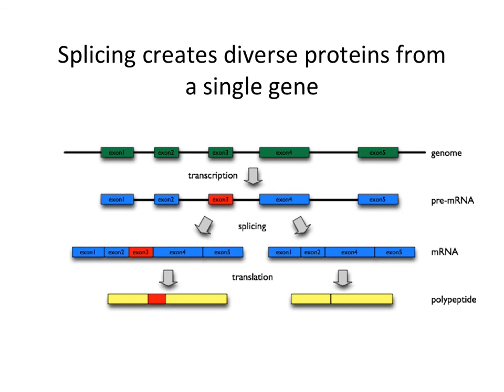Here's why splicing is so doggone important. Our genes have more than one intron, which means that there is more than one way to skin a cat, there's more than one way to splice a gene. So in this example, there are what? 5 exons. The exons are the parts that remain after splicing. So that means there's an intron, intron 1, intron 2, anything between exons is an intron.